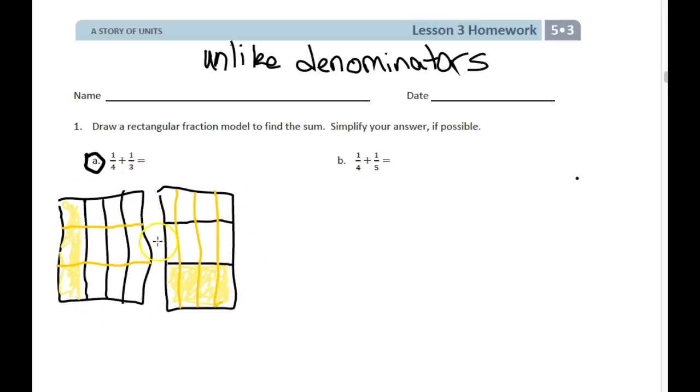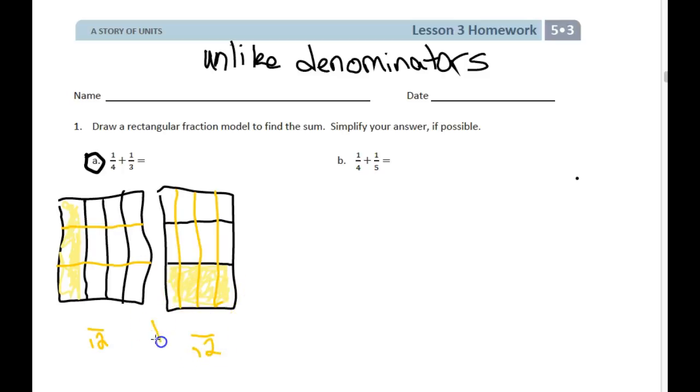So now when you count these, you know it's 3 times 4, which is 12. So it's out of 12 pieces total. So is this one. 3 times 4 is 12.